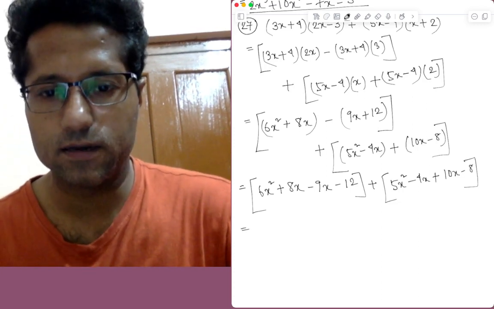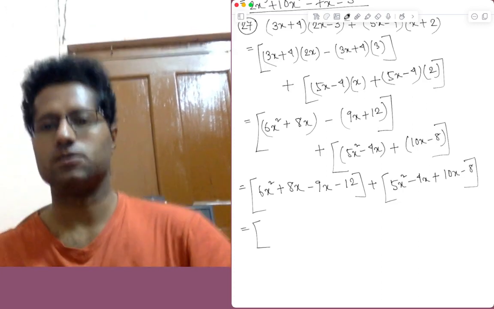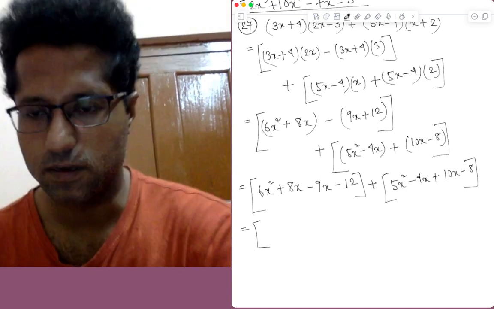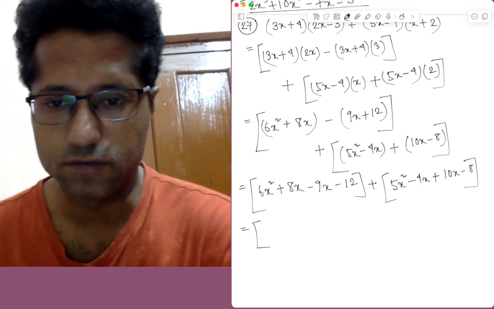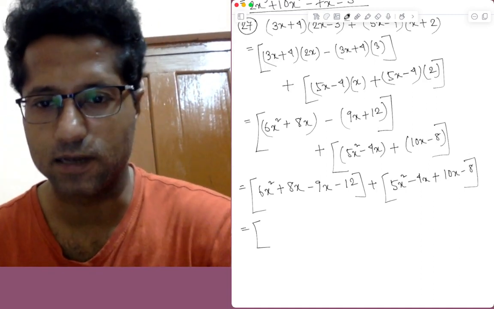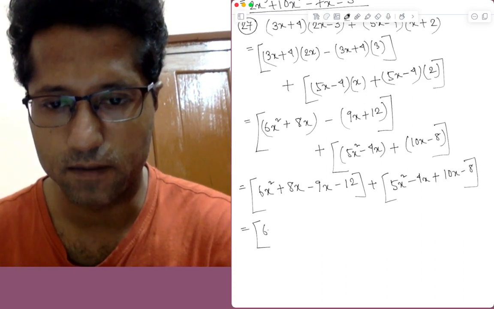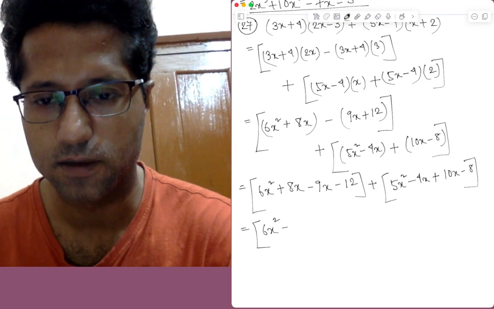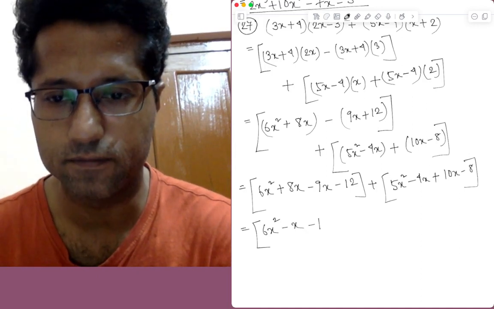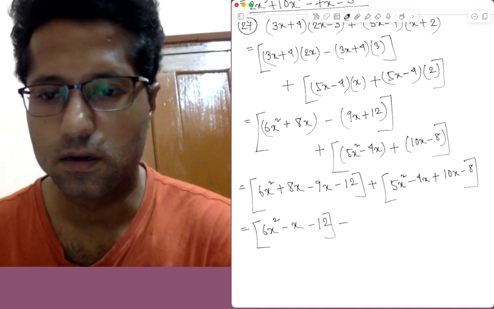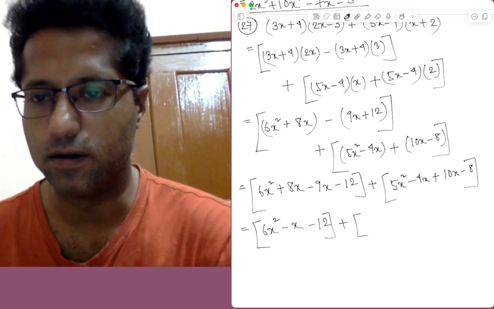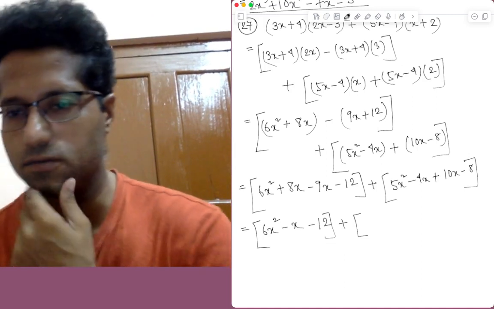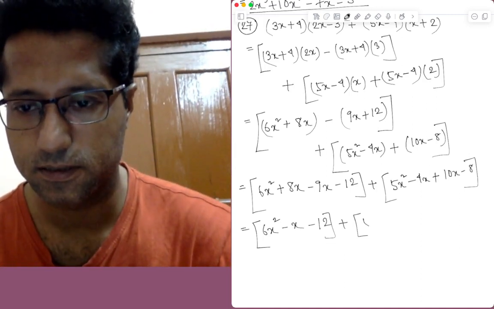And now we collect the like terms of the expressions in both the square brackets, in both the grouping symbols. So for the first one, we collect the like terms 8x and minus 9x. We add the like terms 8x and minus 9x, that becomes minus x, and we have this. And for the second square bracket, we add the like terms minus 4x and plus 10x.